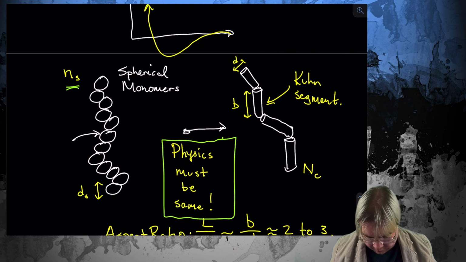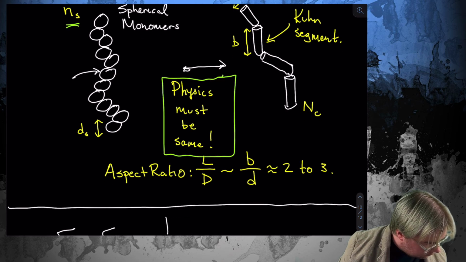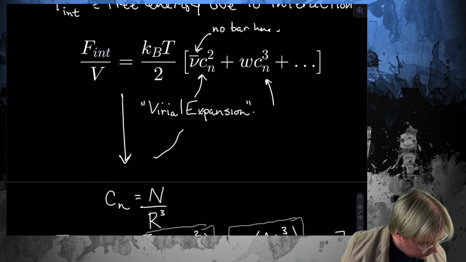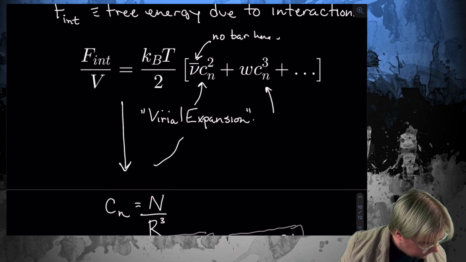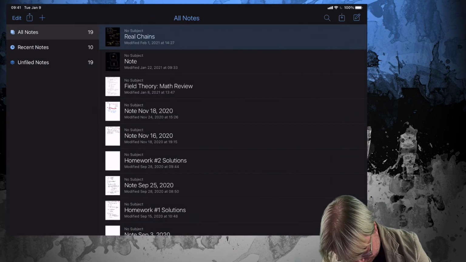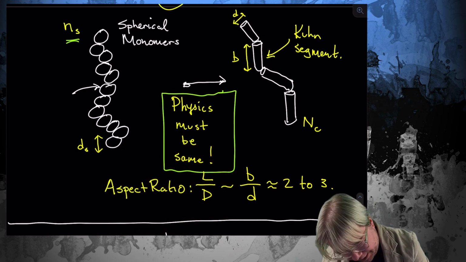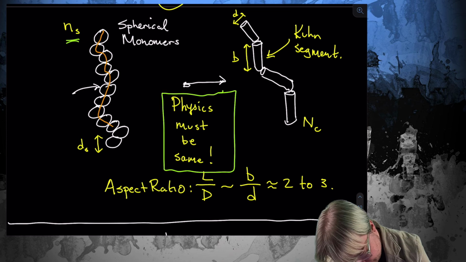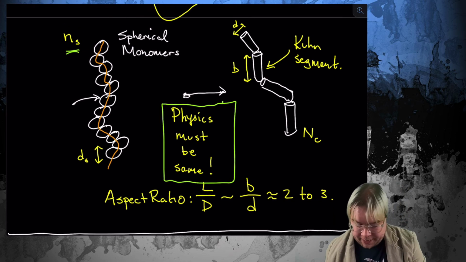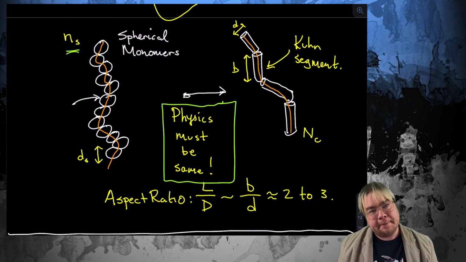And so what I can do is look at the total length. If I draw this chain like this, then that total length should be the length of that chain, right?